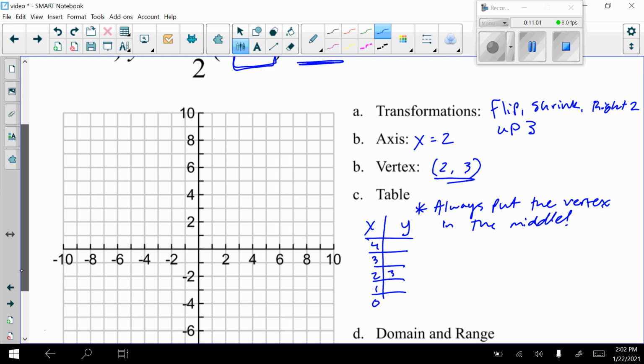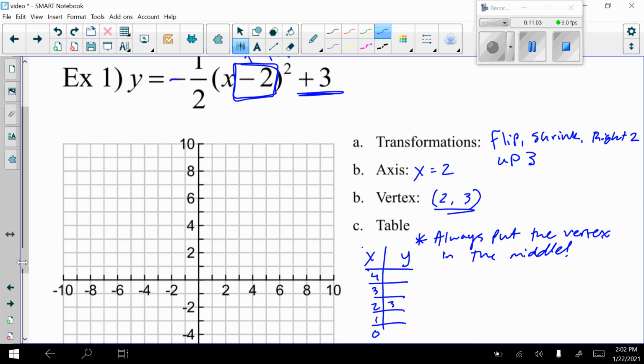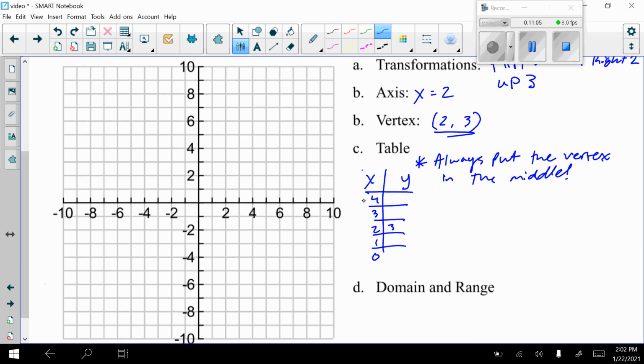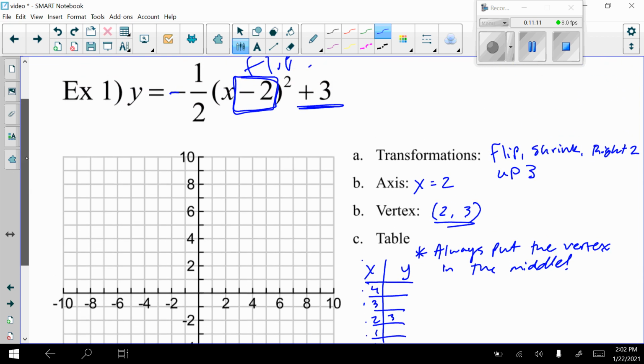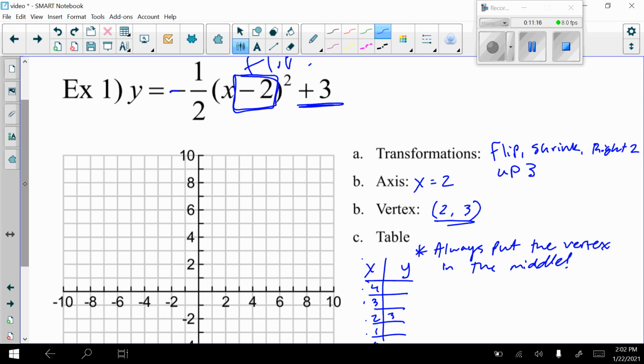So now what I'm going to do is take these x values in my table and plug them into the function that I started with up here. I know you're looking at this on a screen and I don't have a ton of room here to write this all out, so I'll just do it one part at a time. Let's choose 1 first.